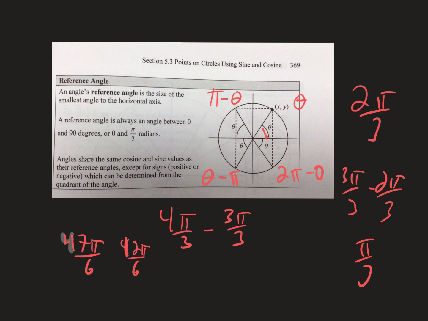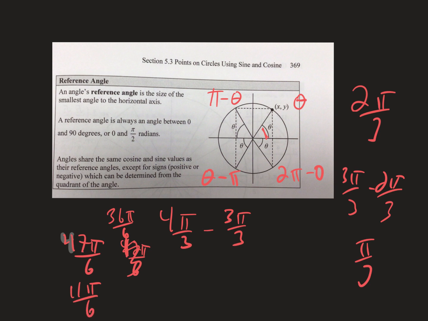So I'm going to subtract 36 pi over 6, because that would be 12 pi, which would be 6 rotations. Yeah. So that would give us what's left over, 11 pi over 6.